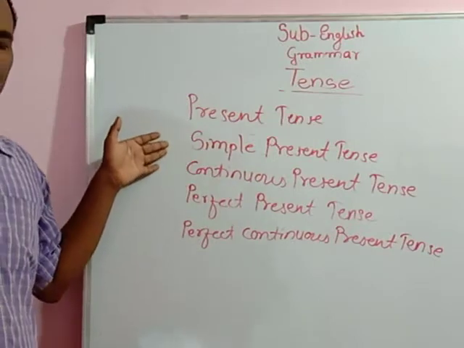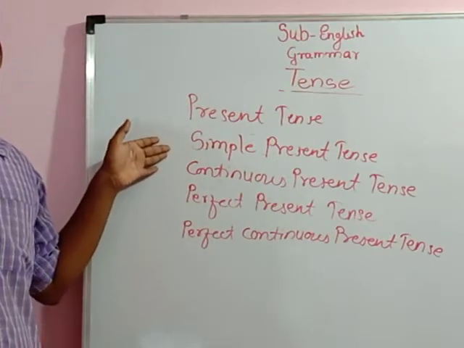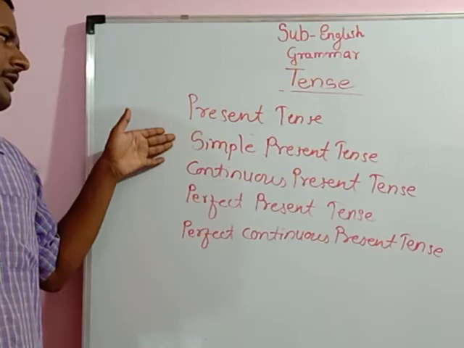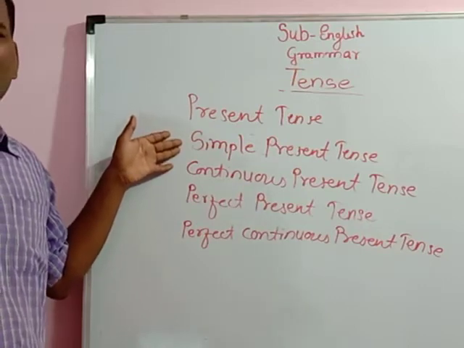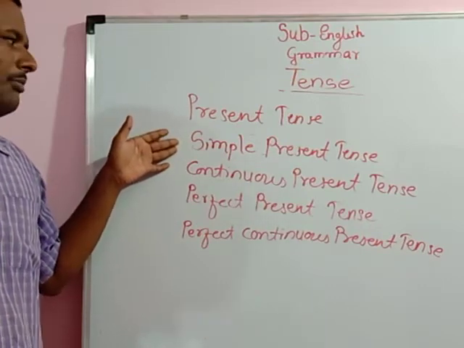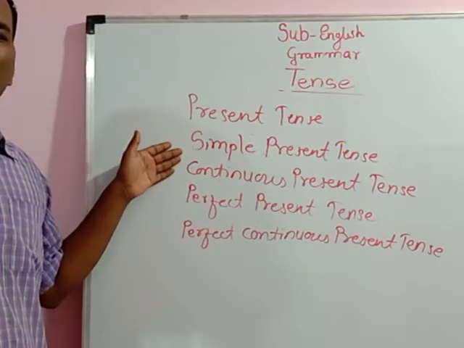These are the four subtypes of present tense, and each tense has its usage or its purpose to be used in the language itself.